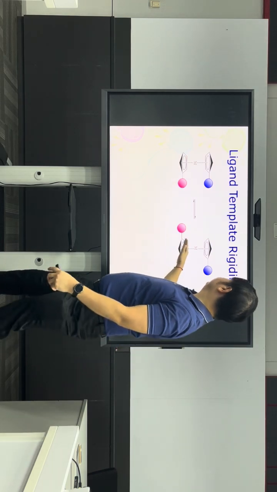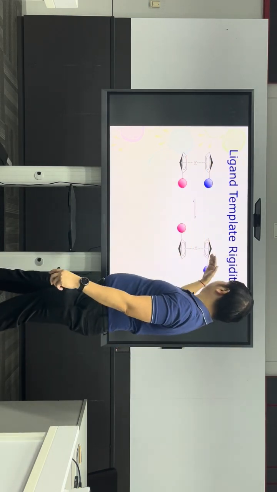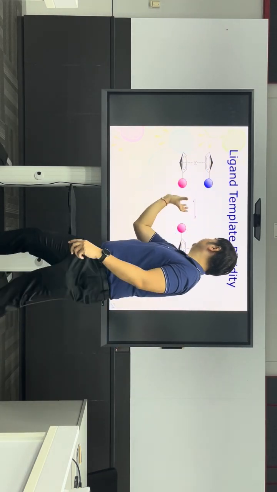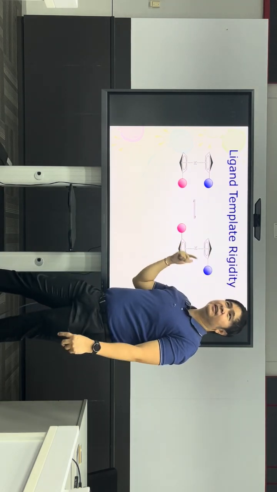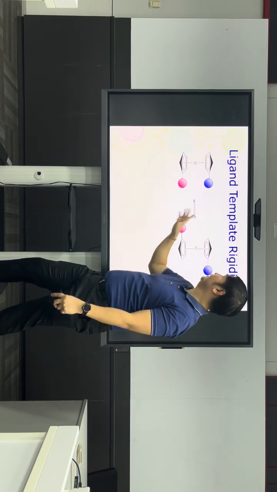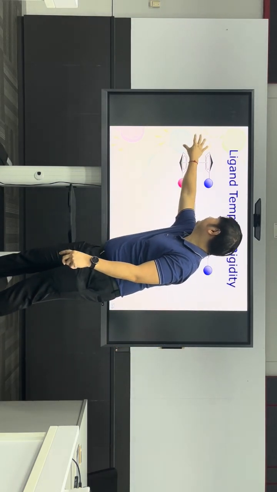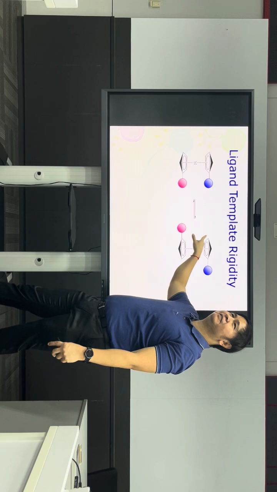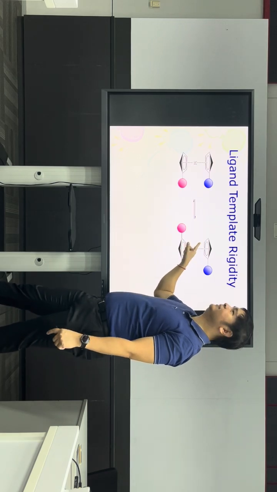So that means if you fix this on top, the bottom one can move left, right, anywhere it wants. So in terms of selectivity, this is really bad, right? Because normally we have nothing on this side, but suddenly now the selectivity changes. So we don't want this to happen.